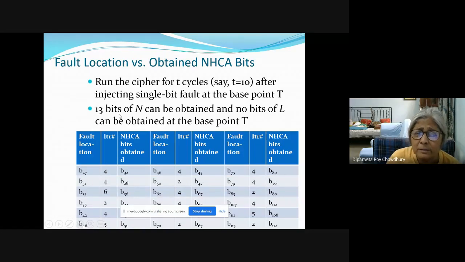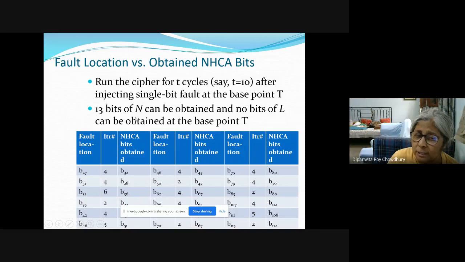Then 13 bits of N can be obtained and no bits of L can be obtained at the base point T. So this is with our structure. Actually, a variety of structures can be given. Here, with the tap points that we have chosen, we have seen that among 128 bits, only 13 bits of N can be obtained and no bits of L. N means the nonlinear part.